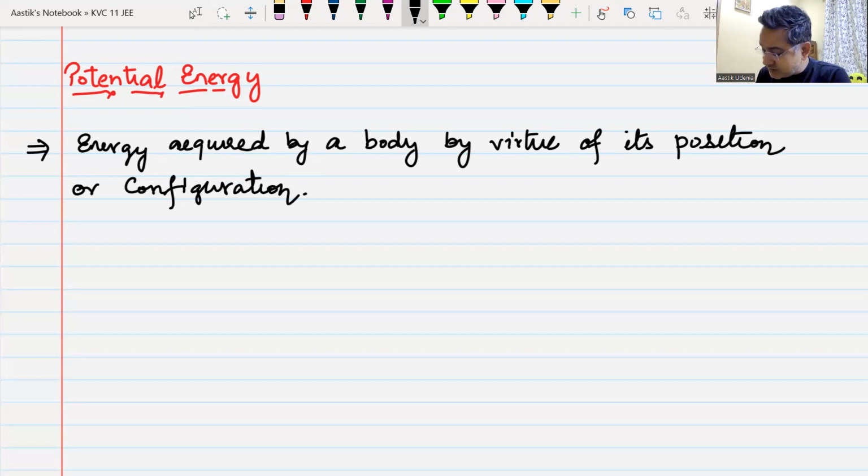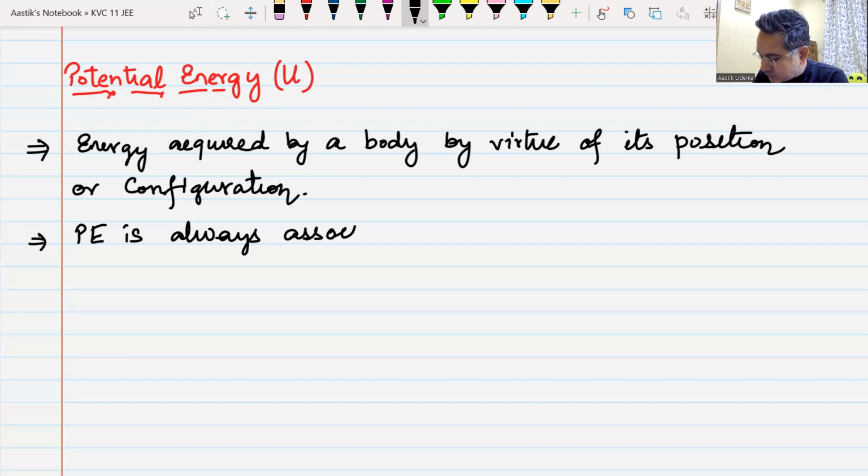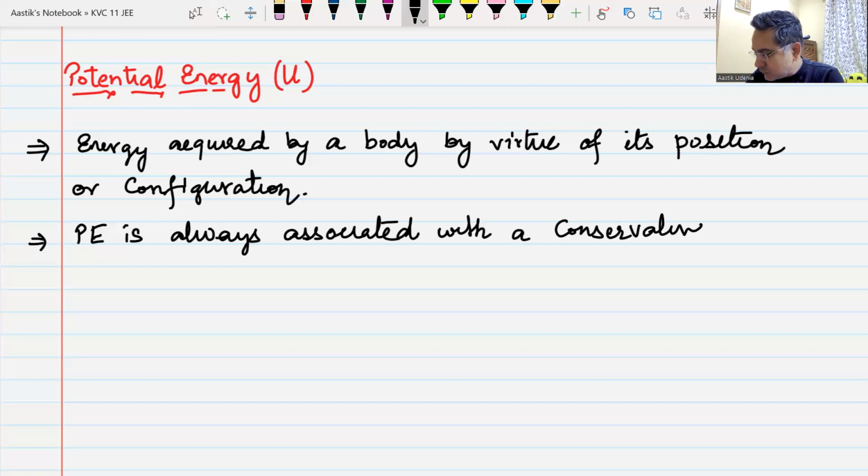Now, this potential energy, which is normally denoted by the letter U, is always associated with a conservative force. Whenever there is a conservative force, this potential energy will come.